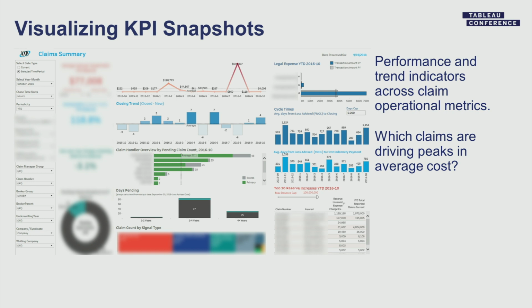But an example to point out here is that big red peak. What's driving that? What are the actual claims, and is this something that from a management level perspective I need to get involved with, maybe work side by side with the adjuster, or maybe seek external counsel to get help with handling a specific claim?